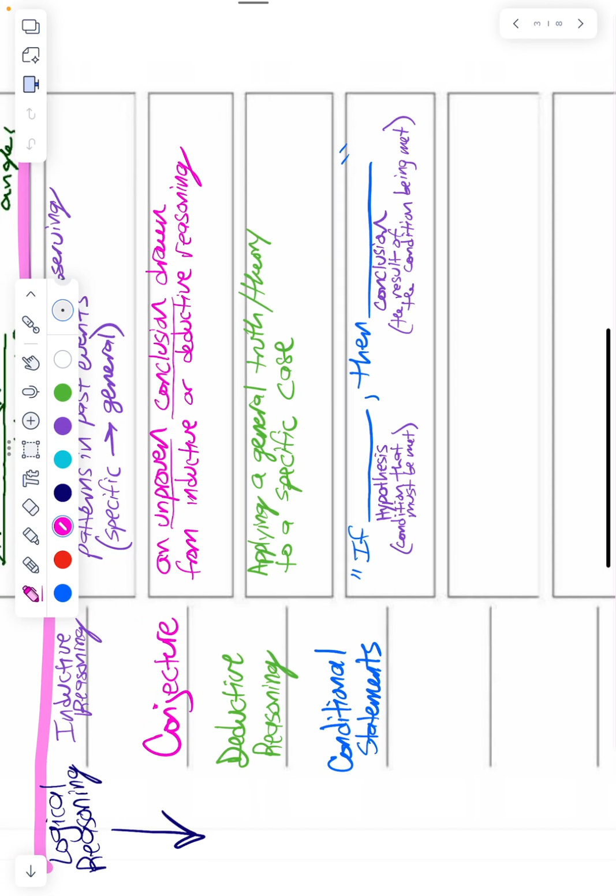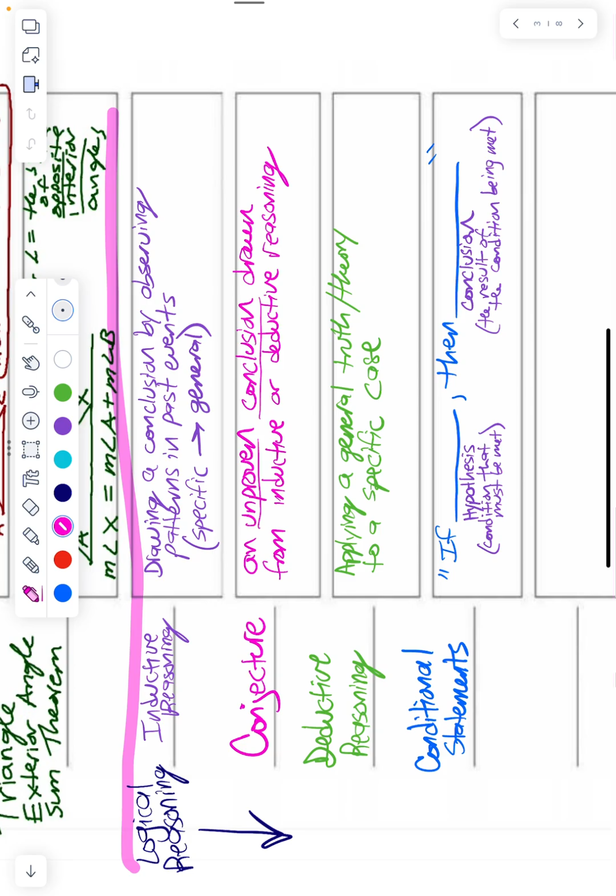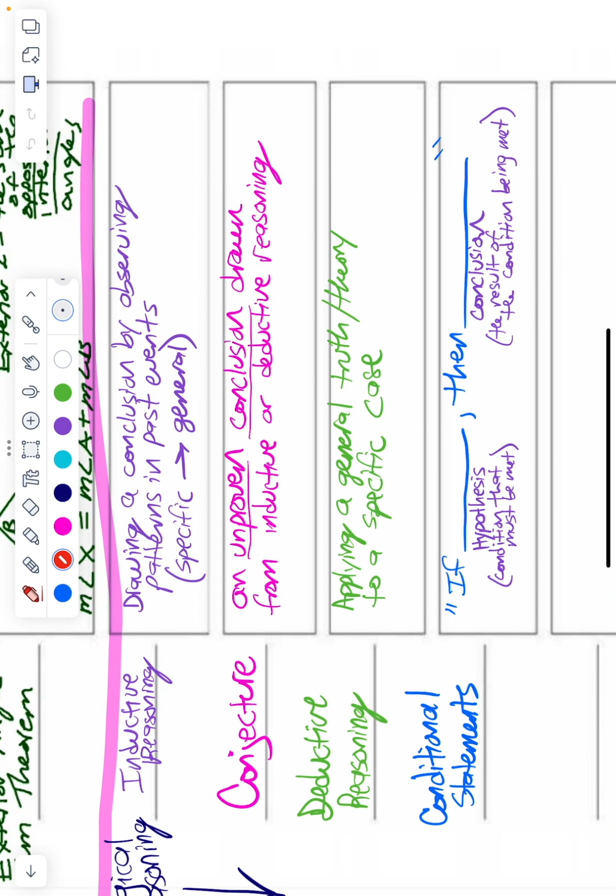We should probably write counterexample in the notes real quick. Write it in here with conjecture. That would be the best place to put it.